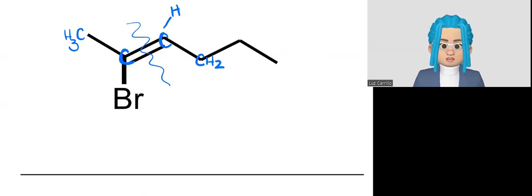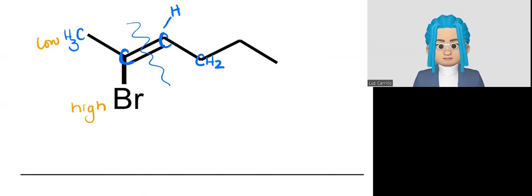So my carbon atom that is on the left side of my double bond, this carbon, I'm comparing bromine versus carbon. Bromine has a higher atomic number, so this is going to be labeled high. Carbon, because it's lower atomic number, is going to be labeled low. Then I move on to the right side of the slide.